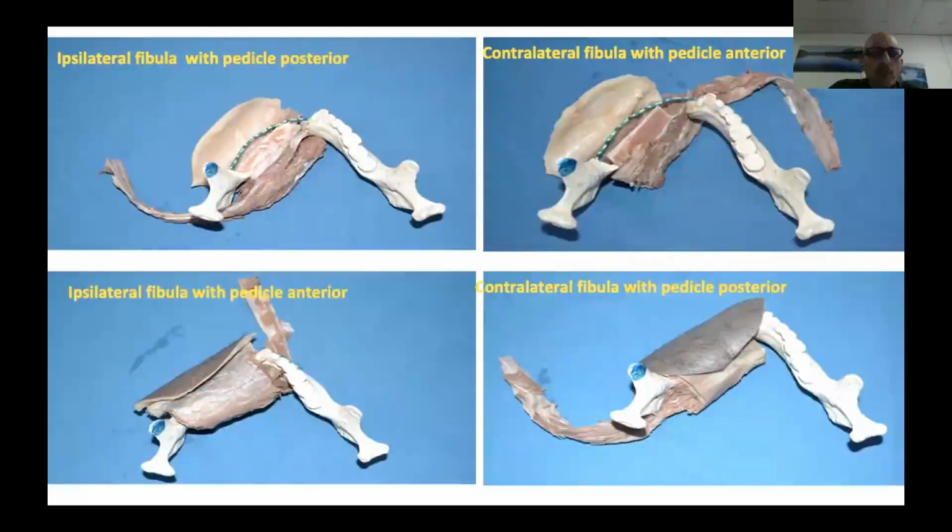So ipsilateral fibula with pedicle posterior, ipsilateral with anterior, and this shows us that the match is there if the ipsilateral fibula is there with pedicle anterior or the contralateral fibula is there with pedicle posterior. That helps us in understanding how to take it, because if the skin paddle is small, that becomes a significant consideration.